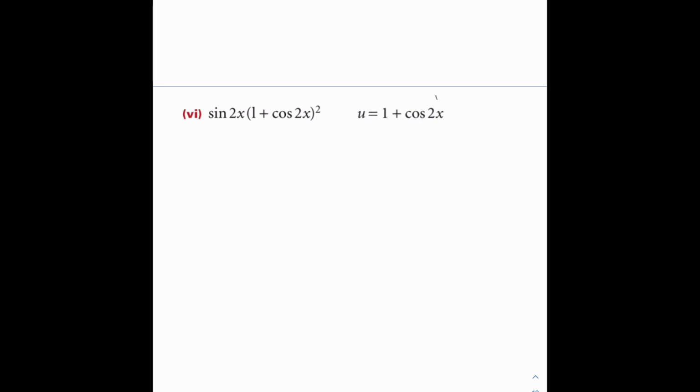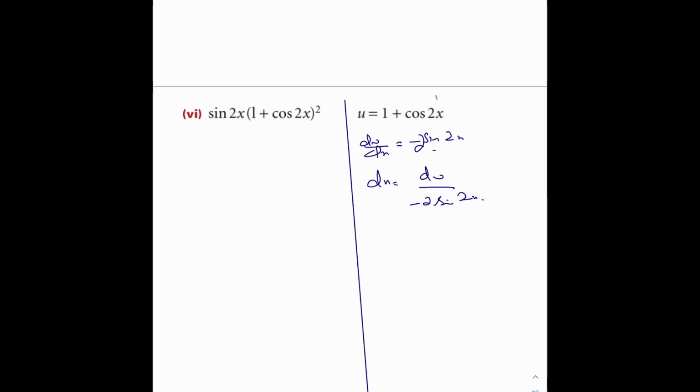If I differentiate, du upon dx equals the derivative of cos of 2x, which is negative sine 2x into 2, so dx is going to be du upon negative 2 sine 2x. So I'm writing sine of 2x upon u squared, dot, in place of dx I'm writing du upon negative 2 sine 2x.